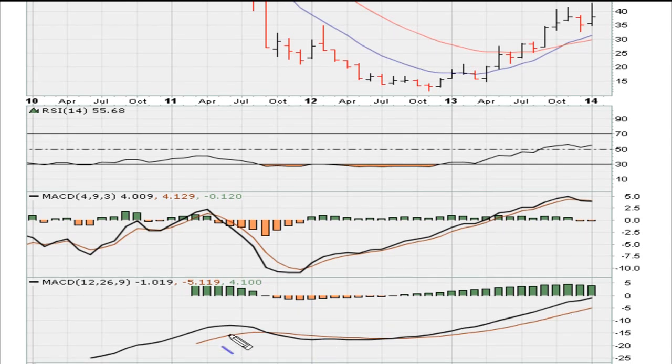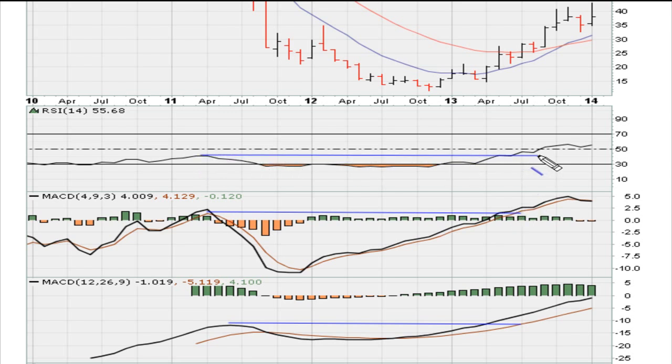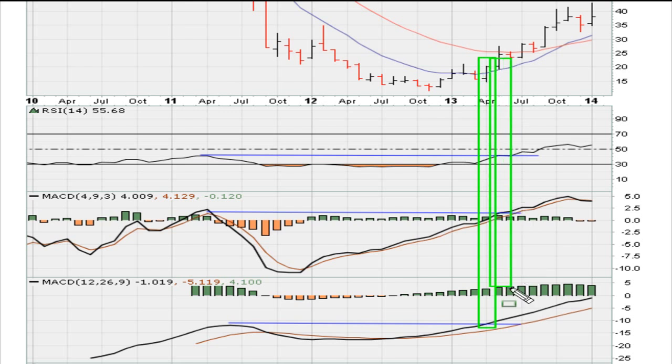You can see 3-year highs here on the MACD, and 3-year highs here on the RSI. All this took place right here in April. So that's the time period when everything started breaking out, somewhere around here in April.